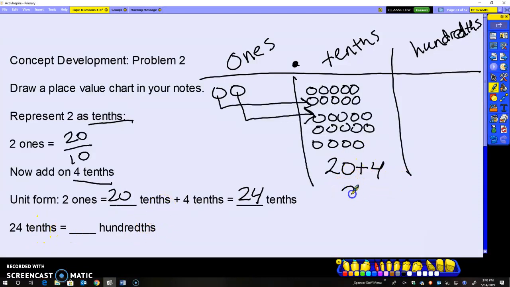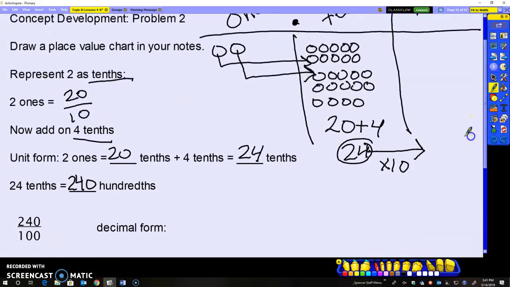So if I have 24 in here, if I want to rename it to turn it into hundredths, I'm multiplying by 10. So that number gets multiplied by 10, and it turns into 240 hundredths if I want to know my answer in hundredths.